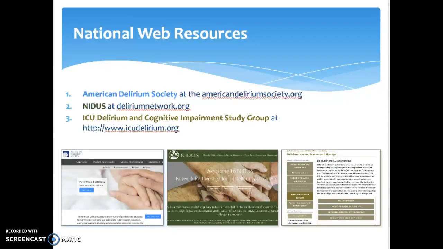One of them is the American Delirium Society, accessed at americandeliriumsociety.org. You'll also notice that there's a society for just about every major developed country, whether it's Australasia or the European Delirium Society. So there's a lot of good information out there.